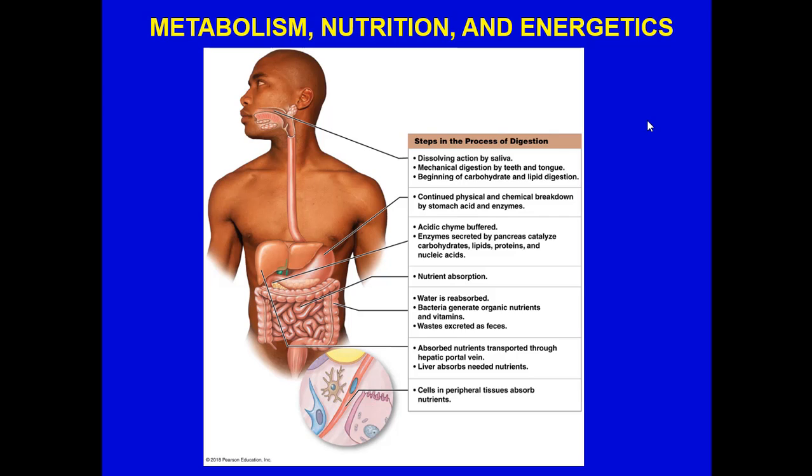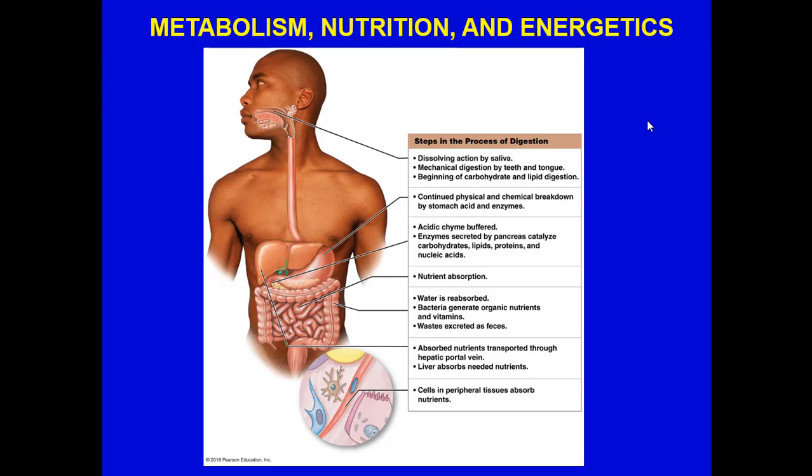We need to emulsify a lot of the lipids so that they're in smaller globs so that lipases can break down the lipids. That's where we have bile discharged, which acts as an emulsifying agent. And so we have smaller globs of lipids that then break down further by lipase into things like monoglycerides and fatty acids.